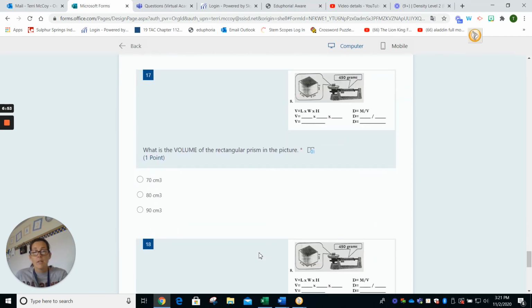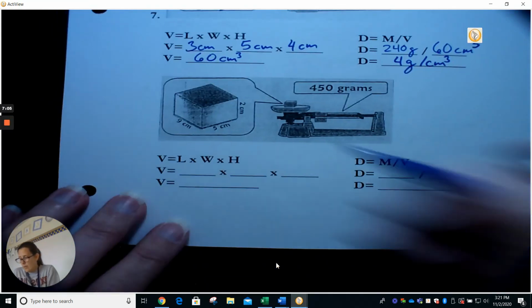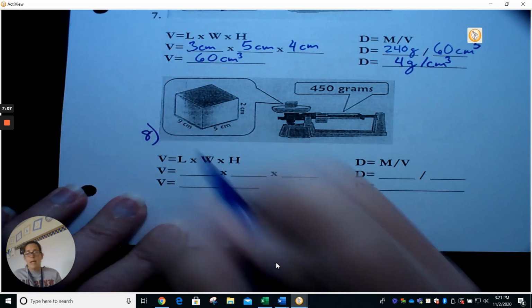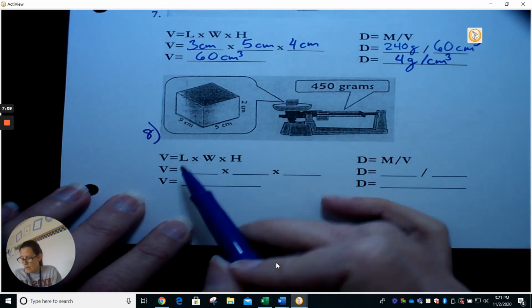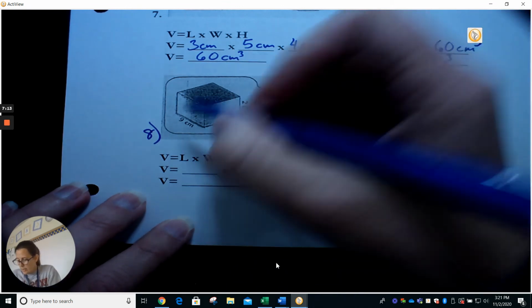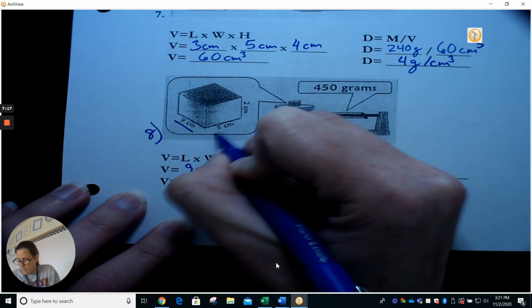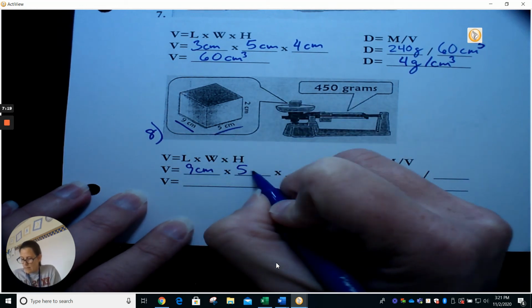Okay, and we're on the last one, ladies and gentlemen. We made it. So what is the volume of the rectangular prism in this picture? This is my number 8. So let's go to my camera. Number 8 doesn't have a number by it, so I'm just going to write it right there. So volume equals length times width times height. Here's our length, 9 centimeters. There's our width, 5 centimeters.